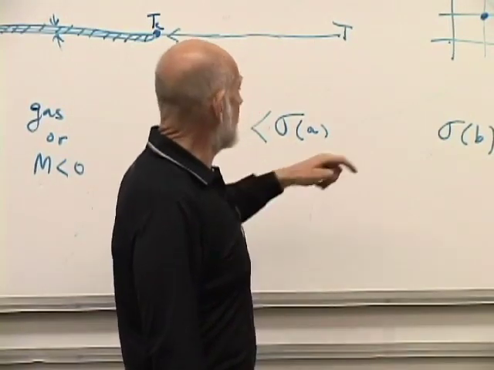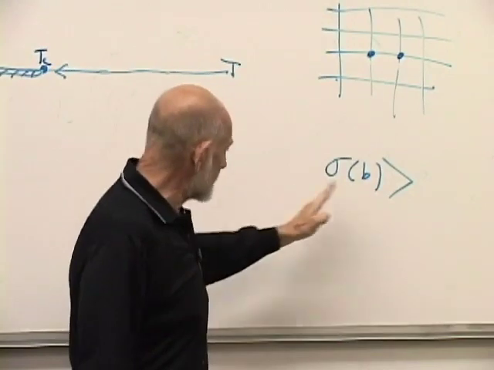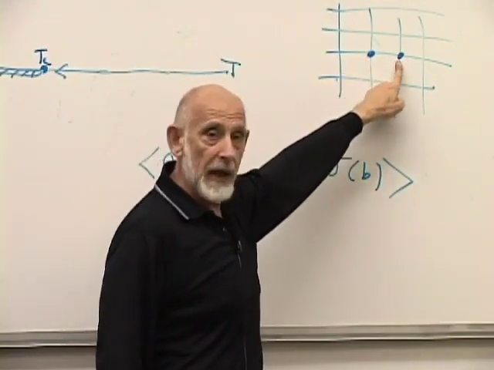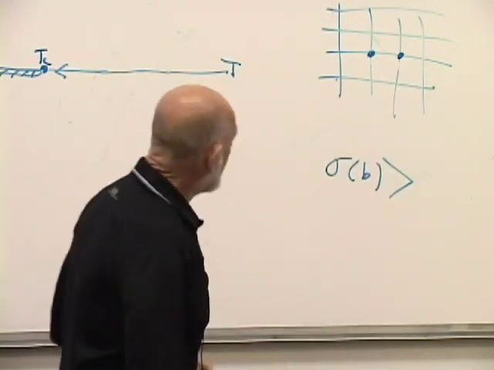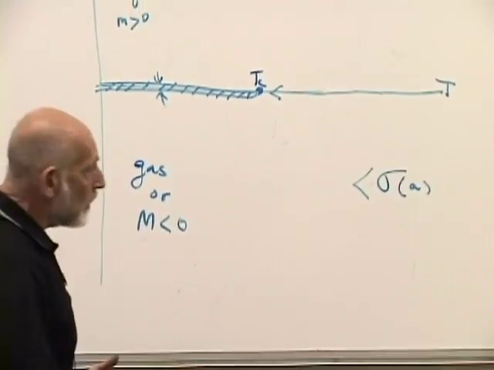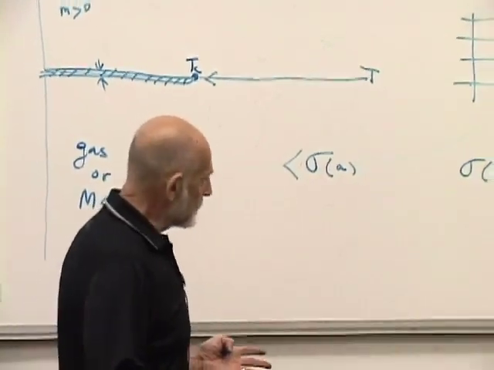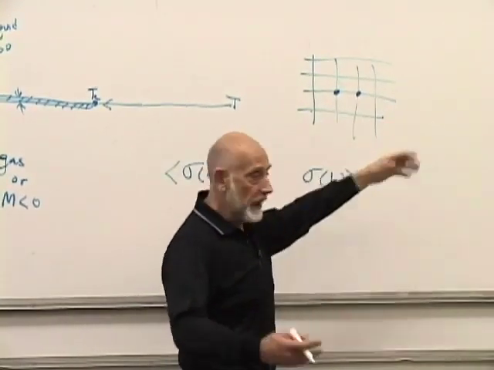It's positive because if this spin is up, this one is more likely to be up, so sigma times sigma is positive. If this spin is down, then this one is also more likely to be down, and so again, sigma times sigma is positive. And so this correlation function between neighboring points at moderately high temperatures will stop being 0 and be small but non-zero.